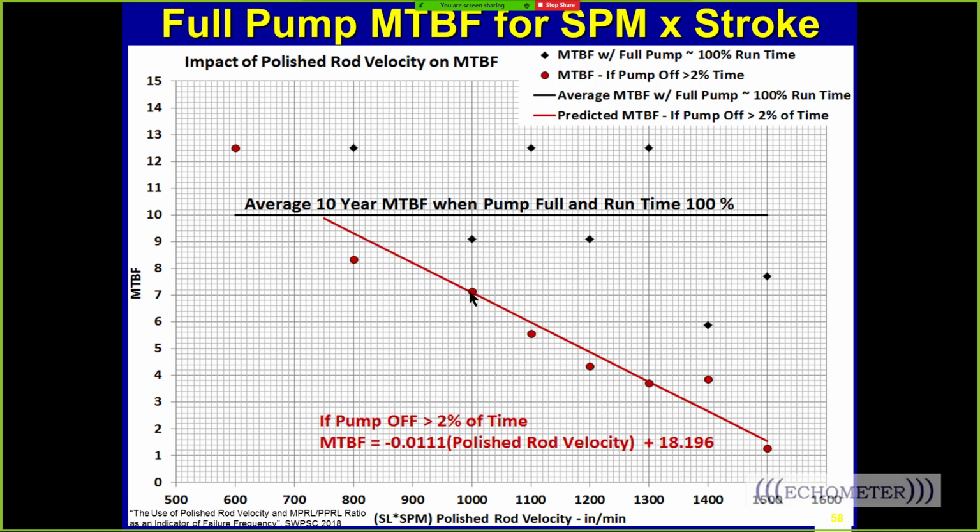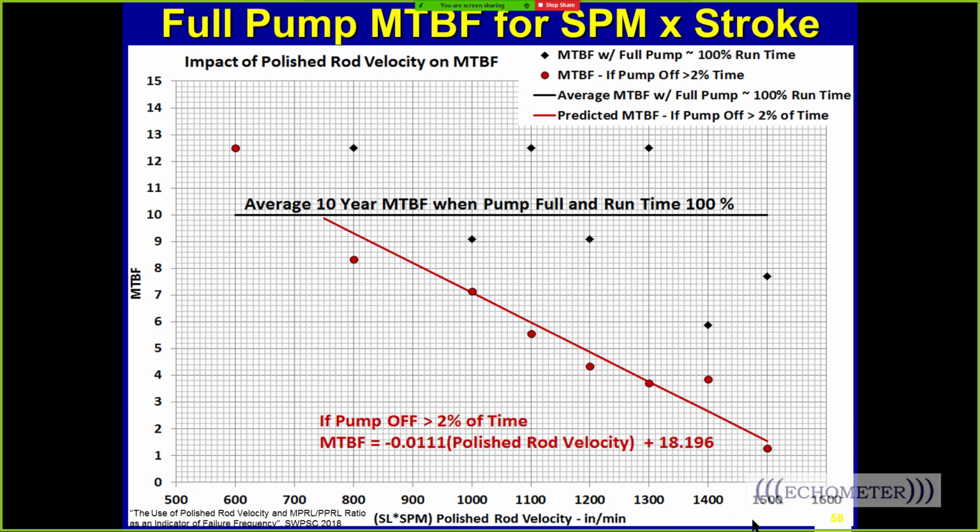You would have a 7-year run life if your pump is not full no more than 2% of the time. If you have a 150-inch stroke length and 10 strokes per minute, and your pump is not full more than 2% of the time, then you have a mean time between failures of 1.5 years.